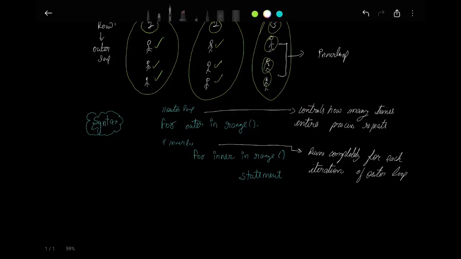When the outer loop starts its first iteration, the inner loop runs from beginning to end. Only after the inner loop finishes does the outer loop move to its second iteration.